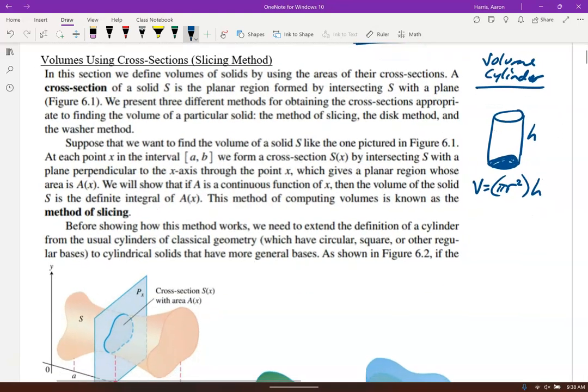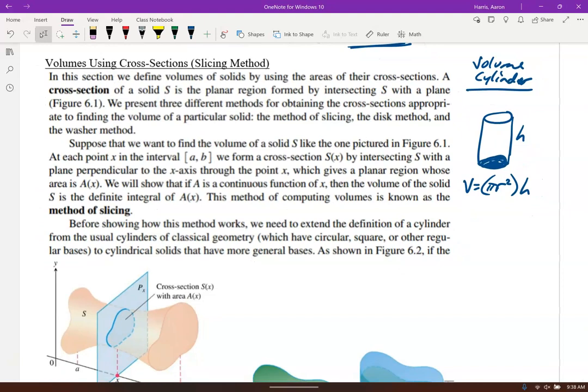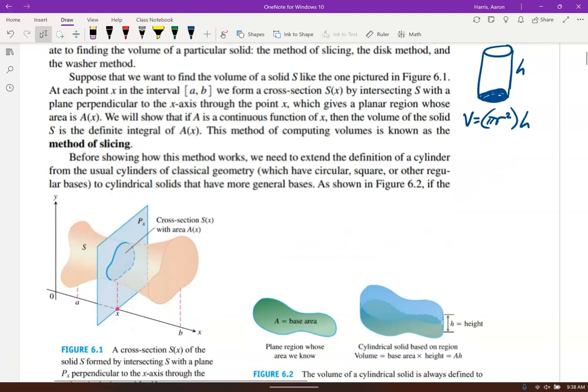That's the idea behind finding these volumes by the slicing method. Let's say we're trying to find a volume like the one pictured here in figure 6.1. We'll take a cross section.